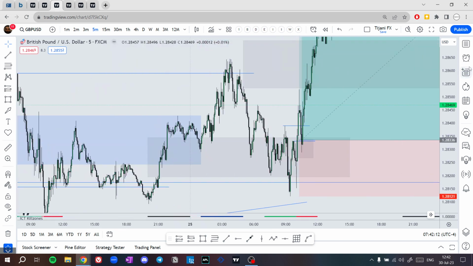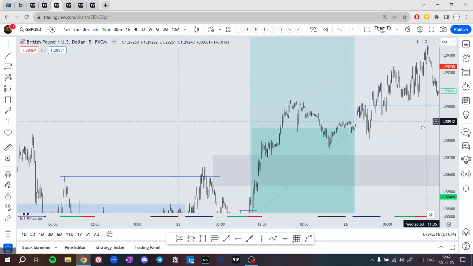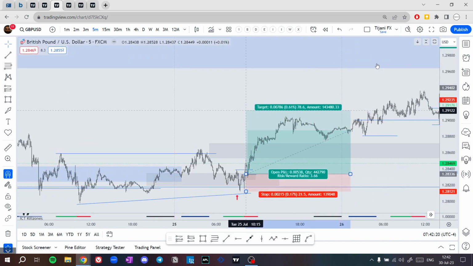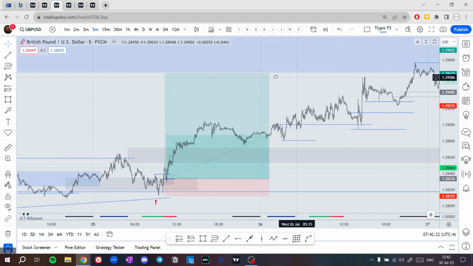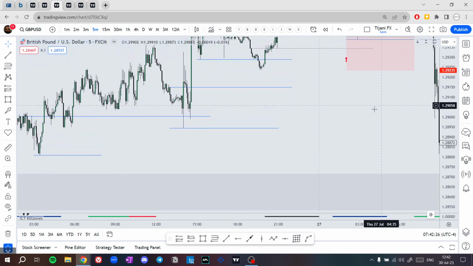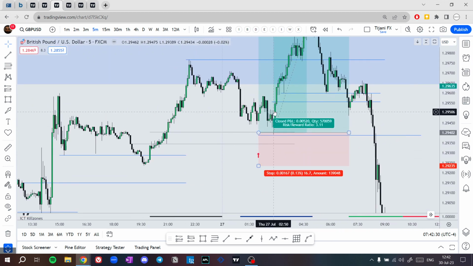Good entry here, targeting London's high, but if you keep checking partials all the way, price would have given you 6R here.